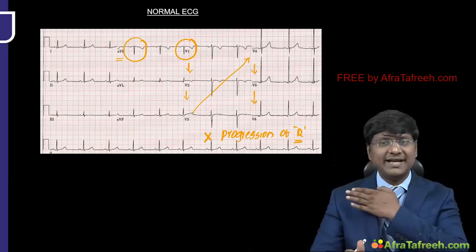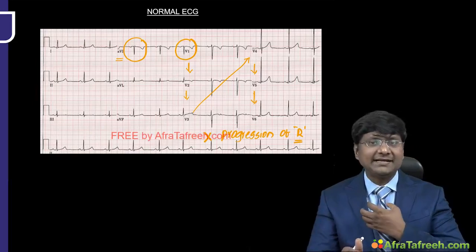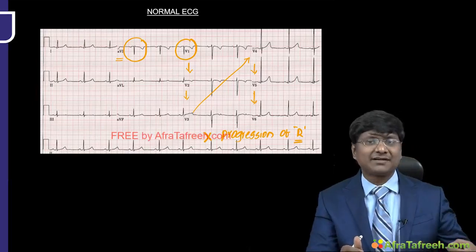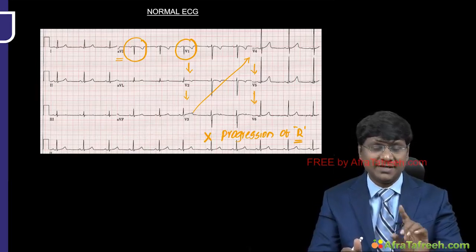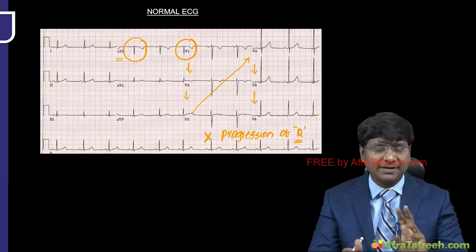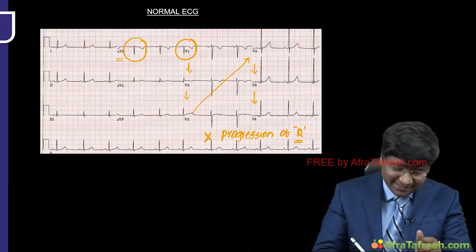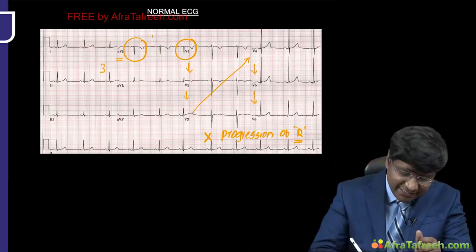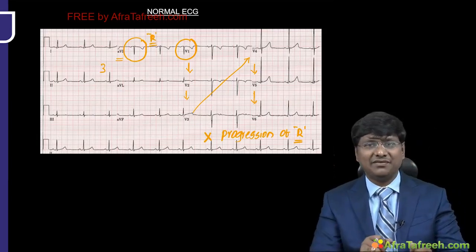Why? Because lead AVR is augmenting the right arm, and the entire electrical activity moves away from the right arm. So AVR has global negativity: P wave, QRS complex, T wave, everything will be negative. But then what is the abnormality? The third abnormality is the conditions where you have a dominant R wave in AVR.